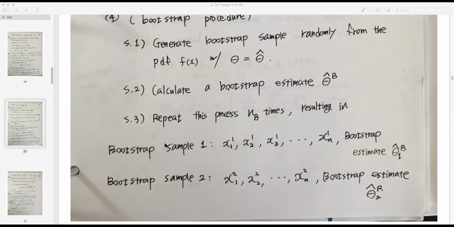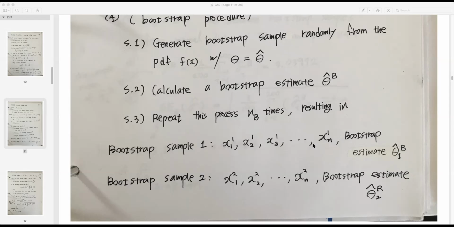So bootstrap sample 1 is x11, x21, and so on. These are the random sample data generated by bootstrap. Now we can calculate the sample statistic theta hat, called the bootstrap estimate theta hat 1b.